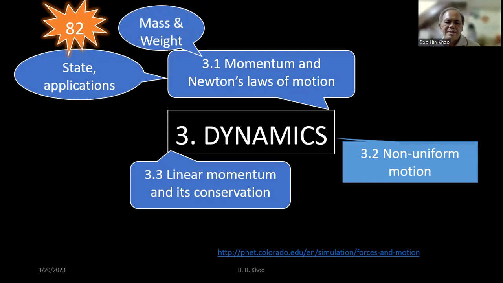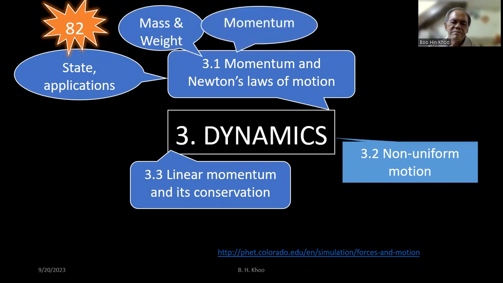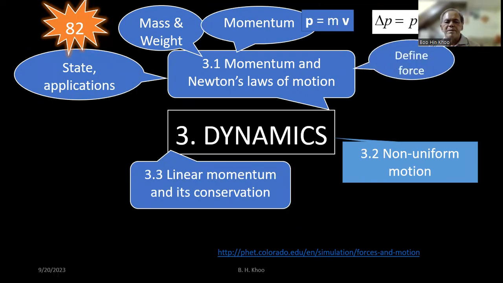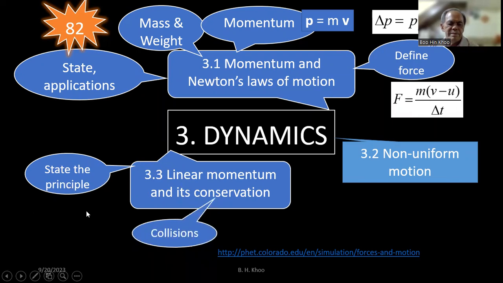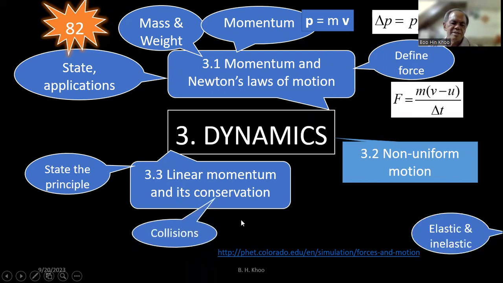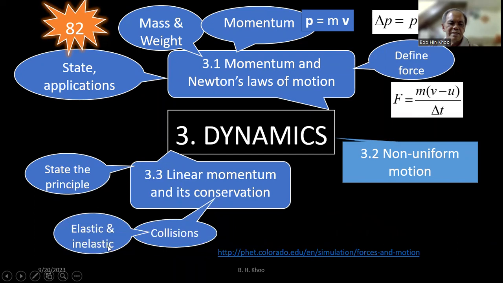And we will look at mass and weight. Define mass and weight. Then momentum, change in momentum. Define force. That's the application of force. Under linear momentum and its conservation, we will state the principle of conservation of momentum. Then we look at collisions, elastic and inelastic collisions.